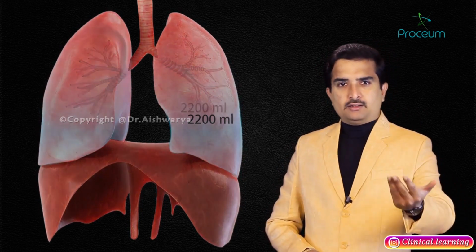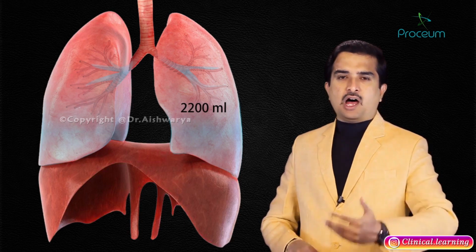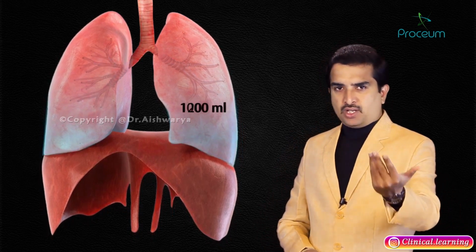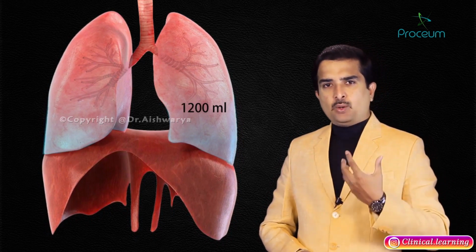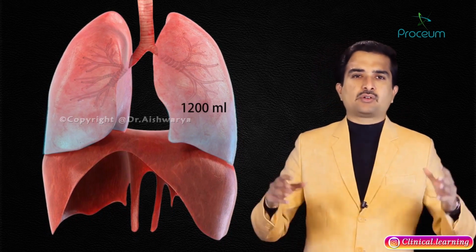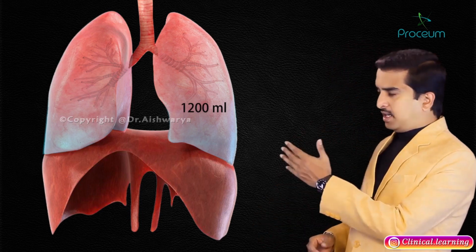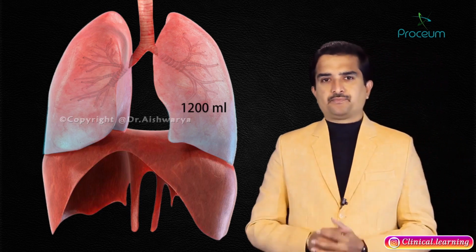After exhaling the inhaled 500 ml, the maximum amount of air that can still be exhaled from the air remaining in the lungs is the expiratory reserve volume, which is 1000 ml.